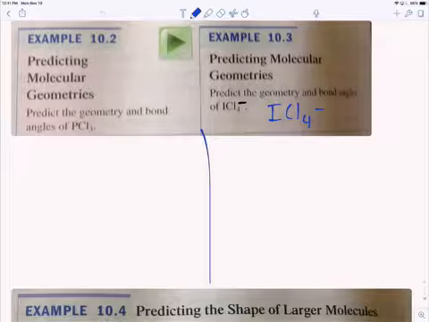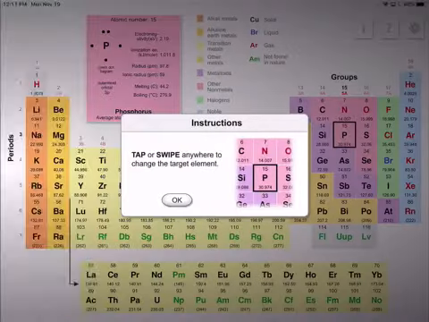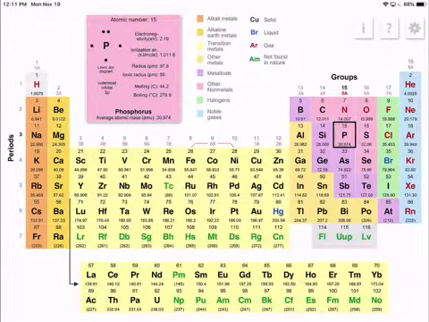So phosphorus has 5 valence electrons, and where I'm getting that from is phosphorus is right there, and it's drawn with 5. So 1, 2, 3, 4, 5. 5 for phosphorus.